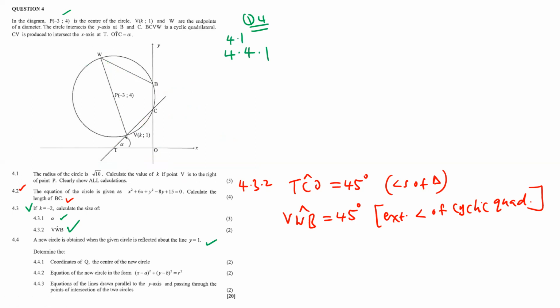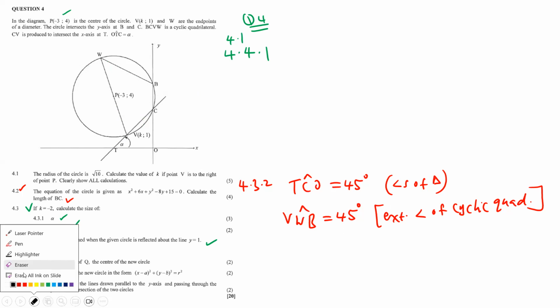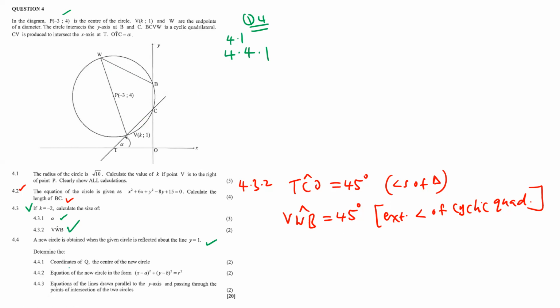Okay, so we're looking at 4.4.1. A new circle is obtained when the given circle is reflected about the line y equals 1. Here is x and y. A reflection about the line y equals 1 is going to be this.